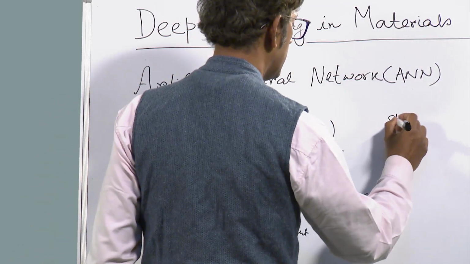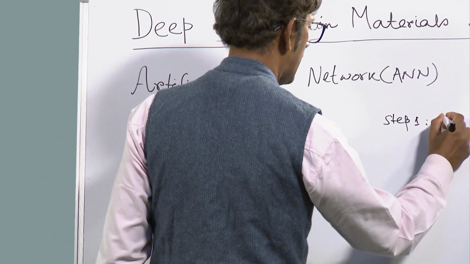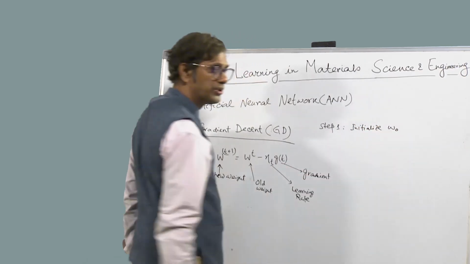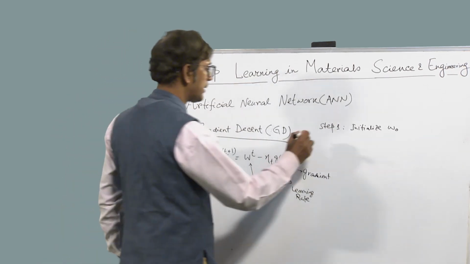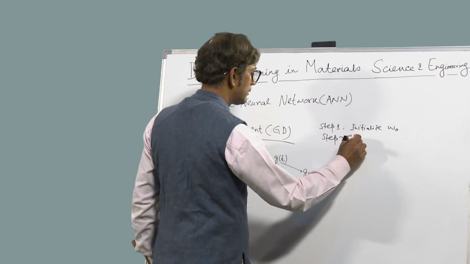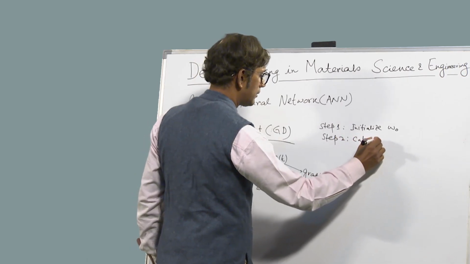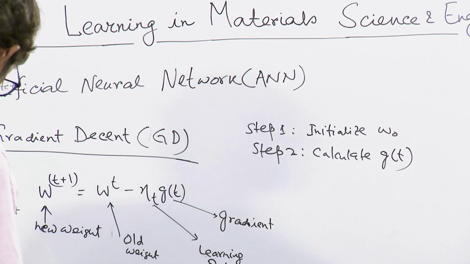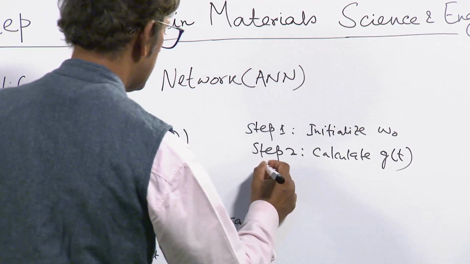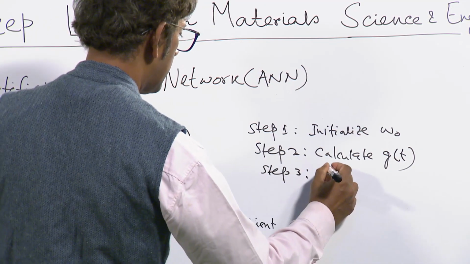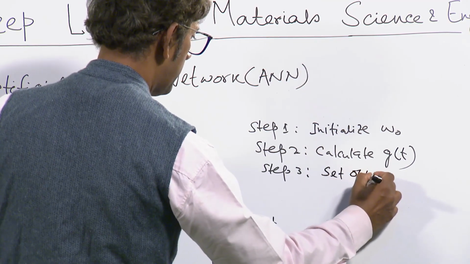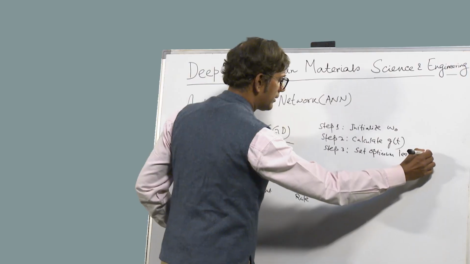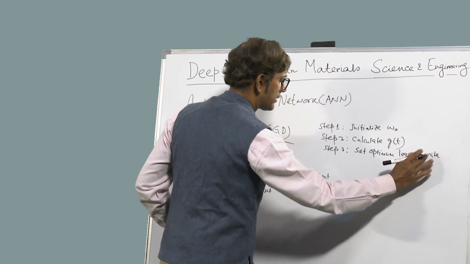In step 1, you just initialize weights as W0. In step 2, you calculate the gradient, GT. Then step 3, set the optimum learning rate, not very large, not very small, step size basically.